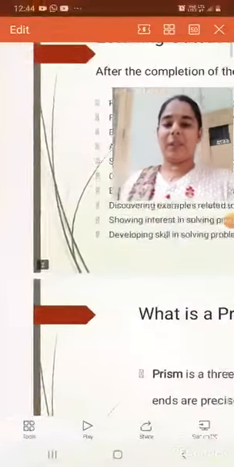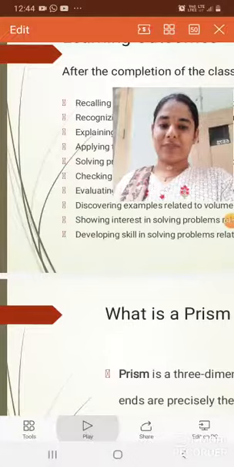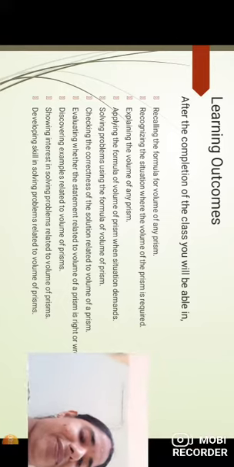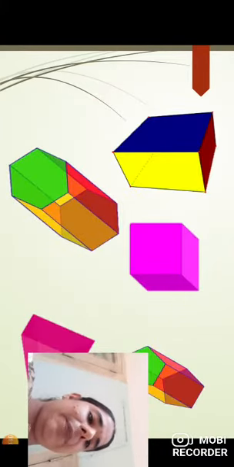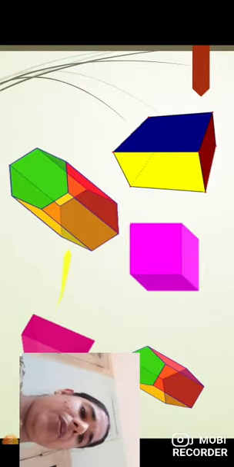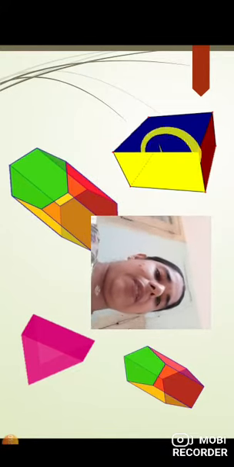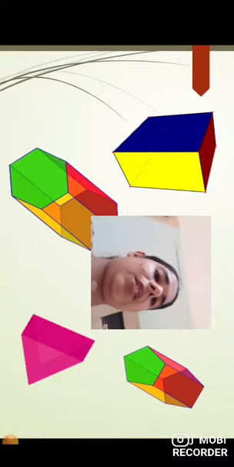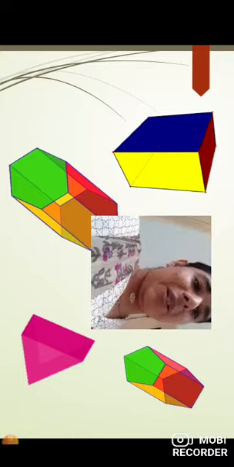So let us look at the picture. This is a prism. These are some examples of the prism. First, this example is a rectangular prism. What is the shape of the base here? It is a rectangle, very good.